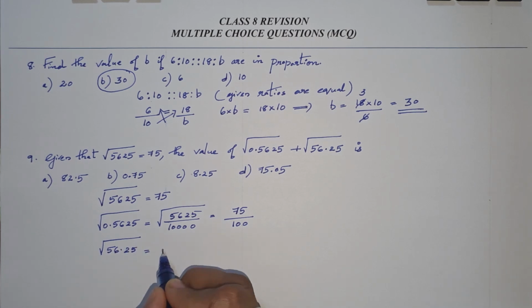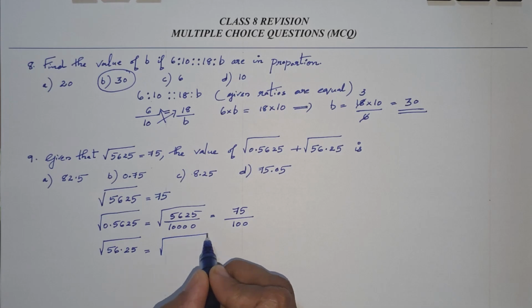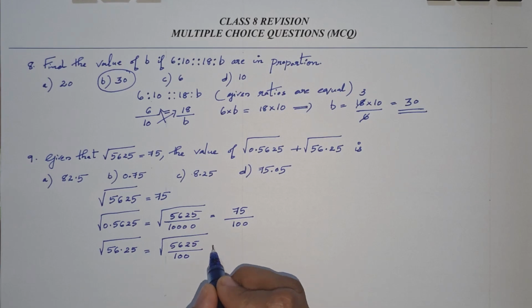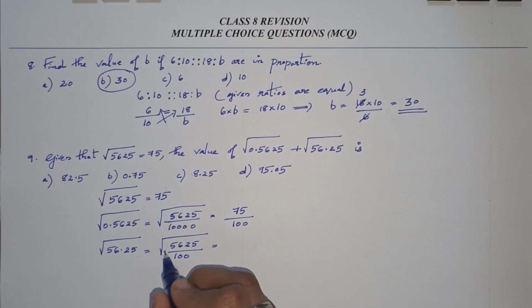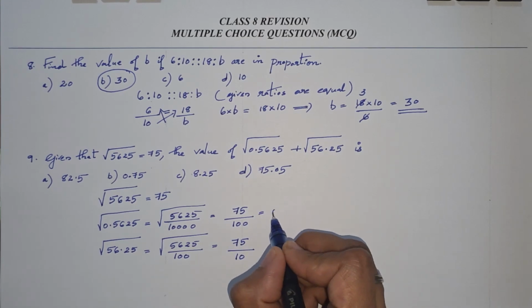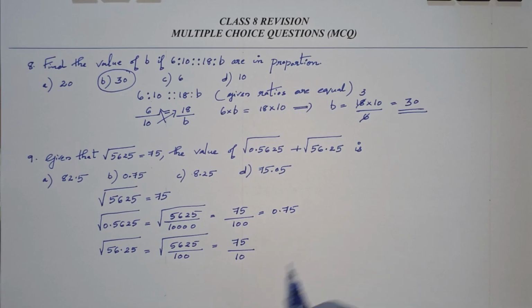I can write it as square root of 5625 by 100, isn't it? That will give me square root of 5625 is again 75. Square root of 100 is 10. So what is 75 by 100? That is 0.75. What is 75 by 10? That is 7.5.